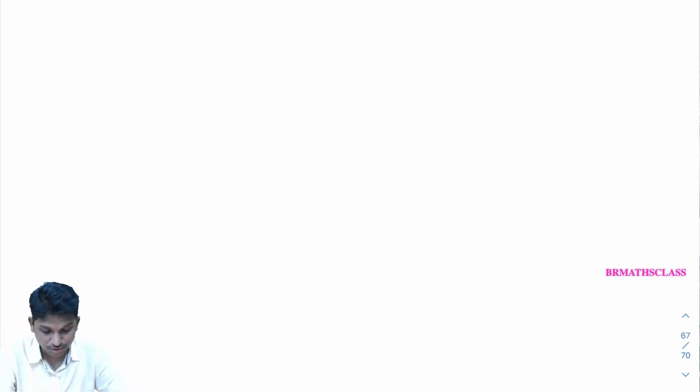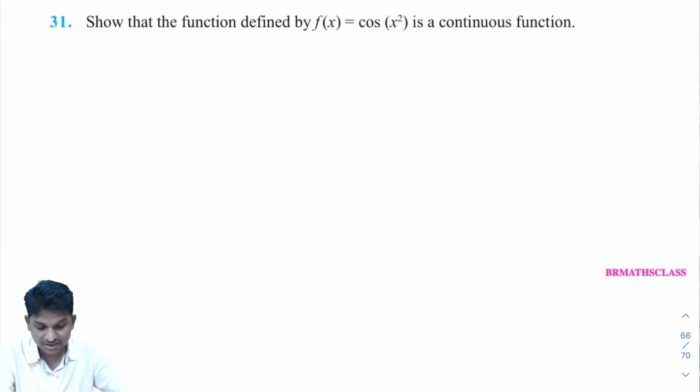Now another 3 problems are there. You observe this question number 31. I hope you understand the last 2 problems. That's good. Now you observe question number 31. Like theorem 1, we have another theorem.